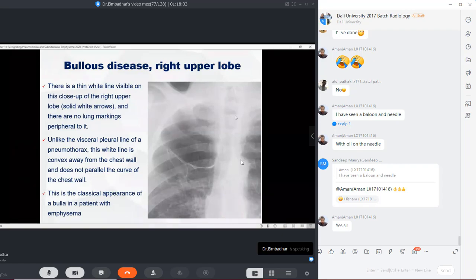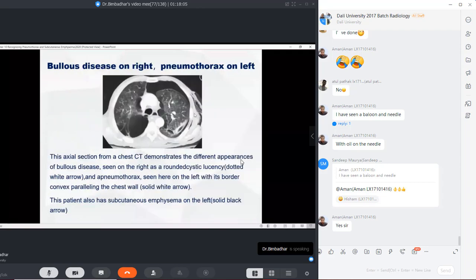Okay, the next one, compared to the same patient, you see here the patient has a cystic space, which is round in nature. And you see here the visceral pleura is completely seen. It is quite closed. Compare it to the left, which has a pneumothorax. You see here, this area is completely black.